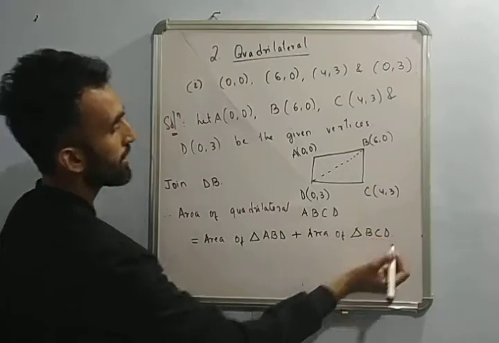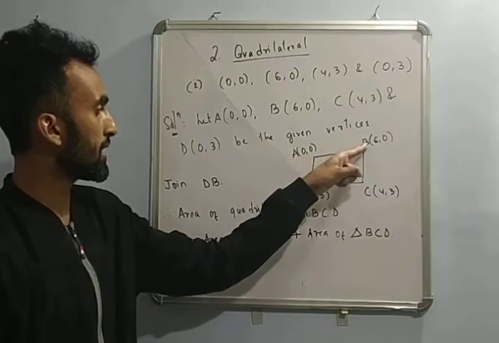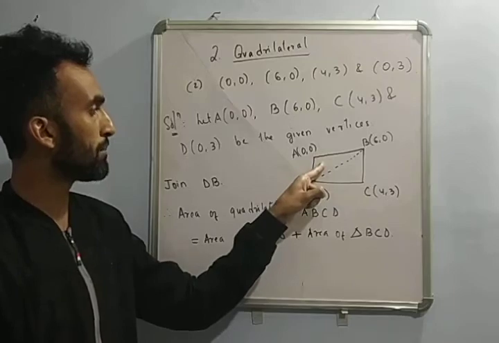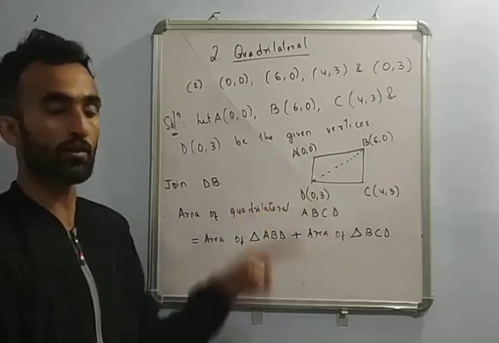Same thing. Area of triangle ABD plus BCD. These 2 areas, if I add them up, then I will get the area of this whole quadrilateral.